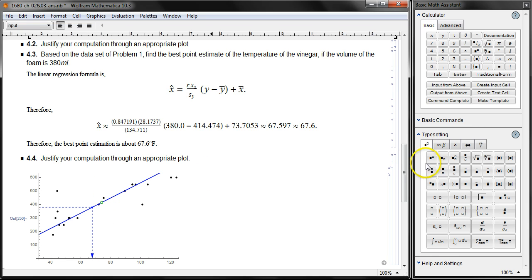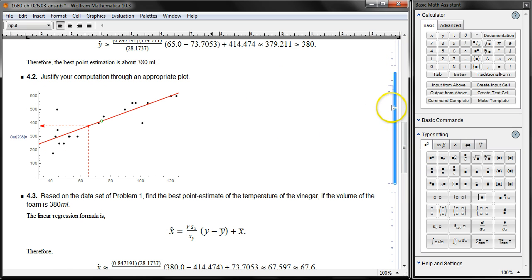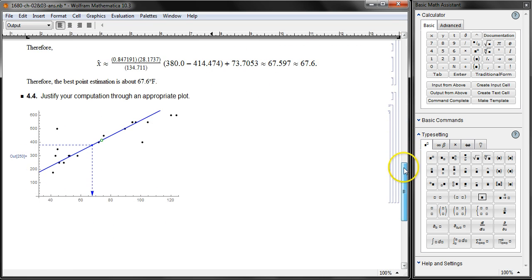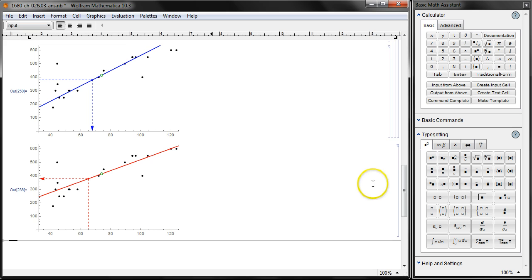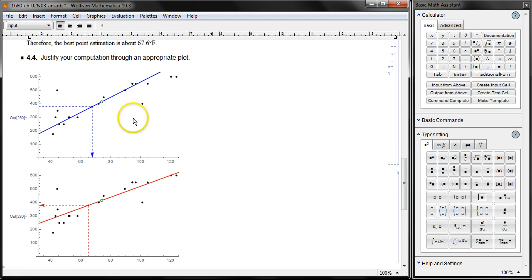This blue line and the previous graph's red line are not the same. If you look at one after another, you can see that these two lines are a little bit different. The blue line is a little bit steeper. The red line is a little bit flatter.